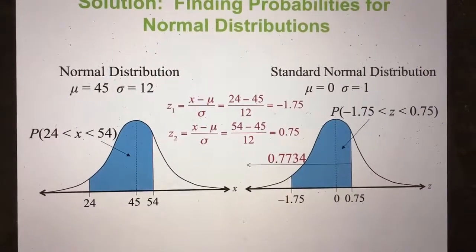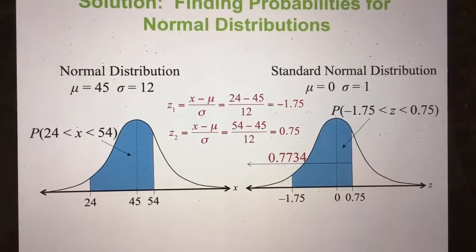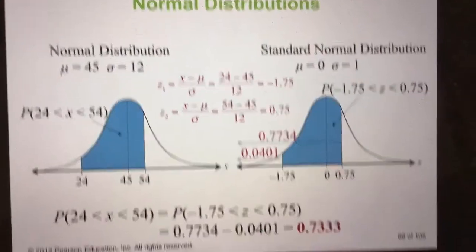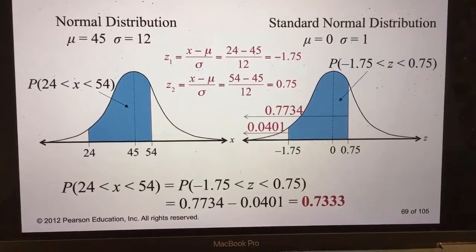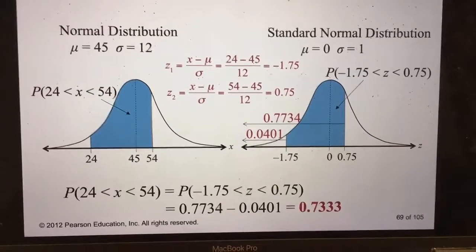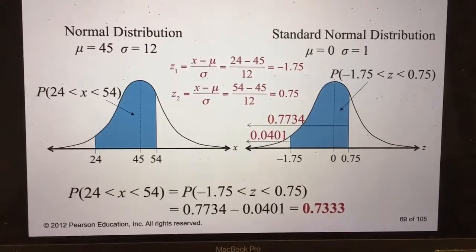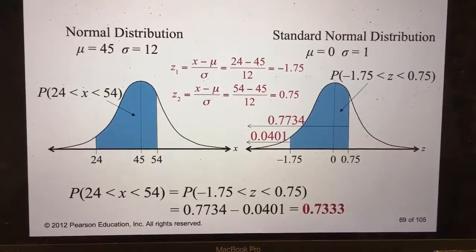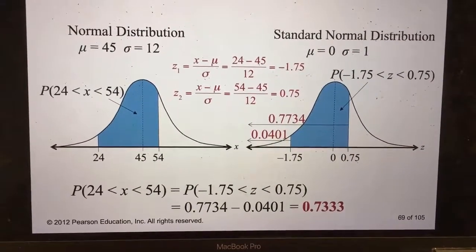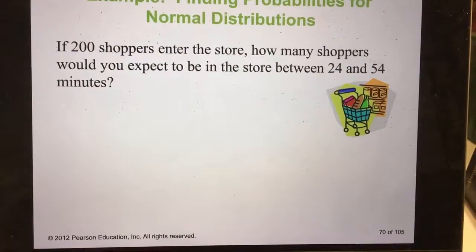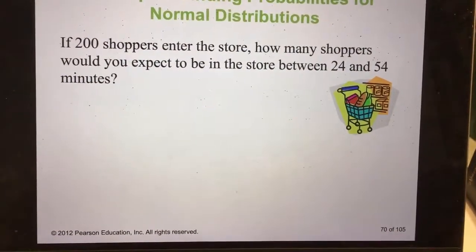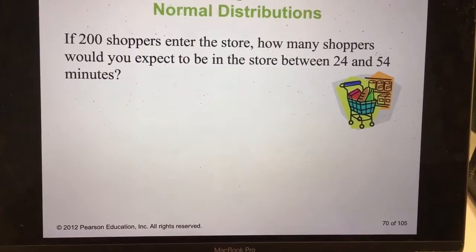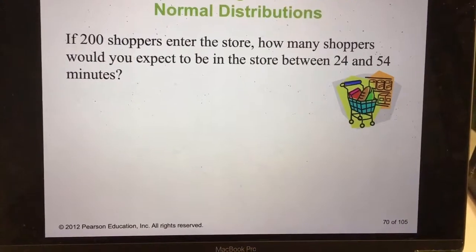Then we take both of those to the table or else use our technology tool, and we find each one of those, and then we subtract them to get the probability: there's a 73% probability that the person randomly selected is going to be in the store from 24 to 54 minutes. Isn't that cool? Okay, now if 200 shoppers enter the store, how many shoppers would you expect to be in the store between 24 and 54 minutes?